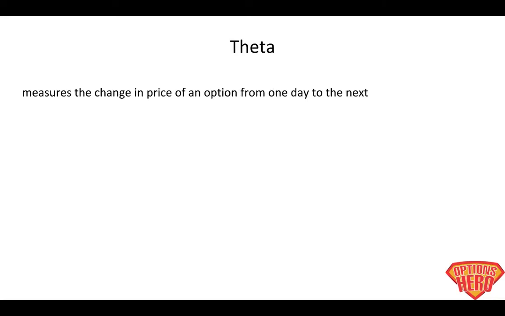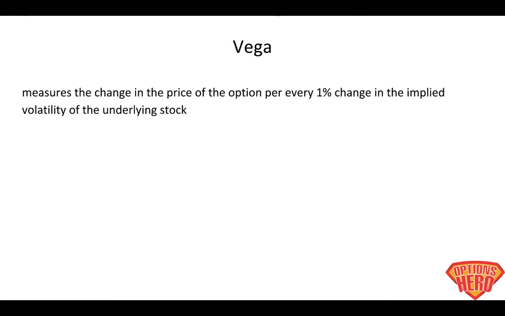It measures the change in the price of an option from one day to the next, right? So this is how much value is removed from an option every single day. And as we get closer to the at-the-money strikes, it is a greater theta component. So theta is highest closest to the at-the-money strikes. Then vega, not really important as of right now. It measures the change in the price of the option per every 1% change in the implied volatility of the underlying stock.